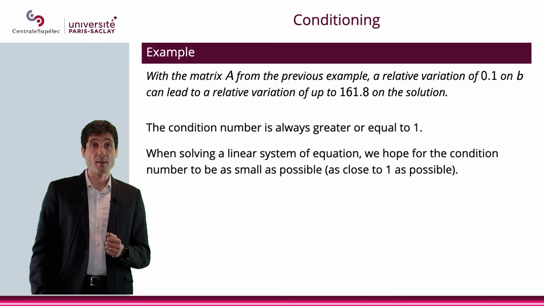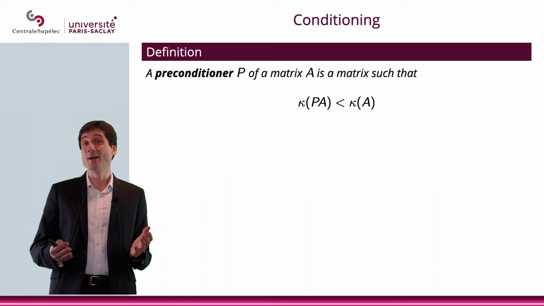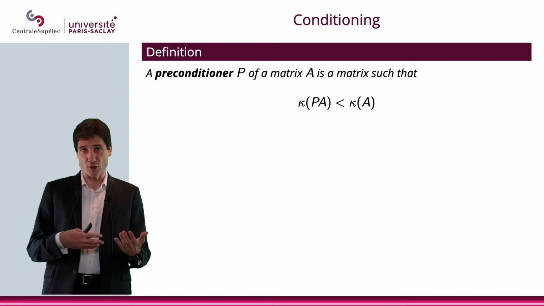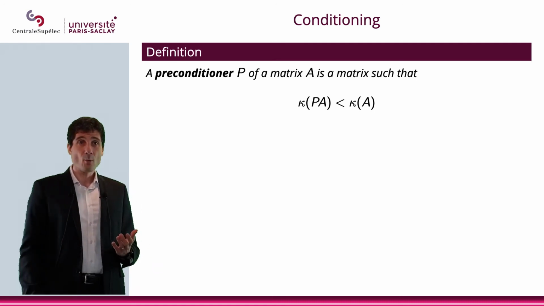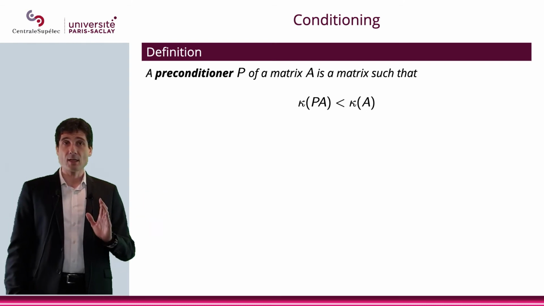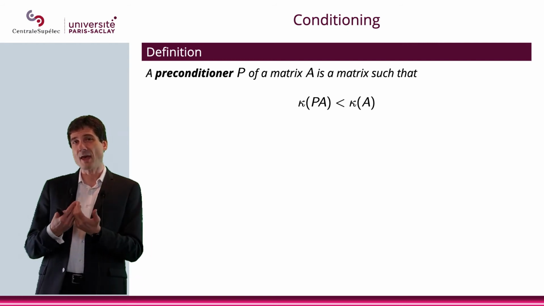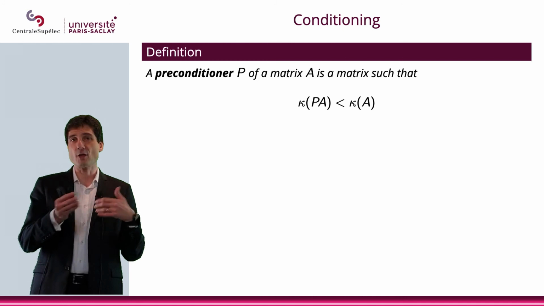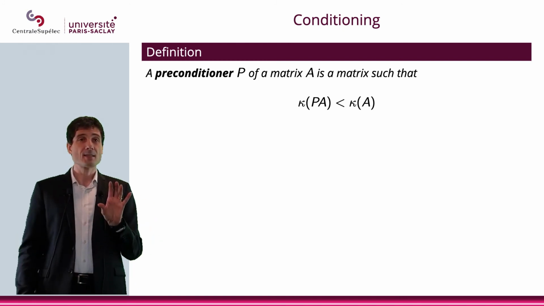Now, if you have a matrix A, it's not like you really have a choice. A lot of people would say, okay, I would like to have a small condition number, but what if I don't have a small condition number? Well, in this case, often you use what is called a preconditioner. So instead of actually working with A, you're going to work with P times A, and then eventually you will just recover your solution because you know what you multiplied by.